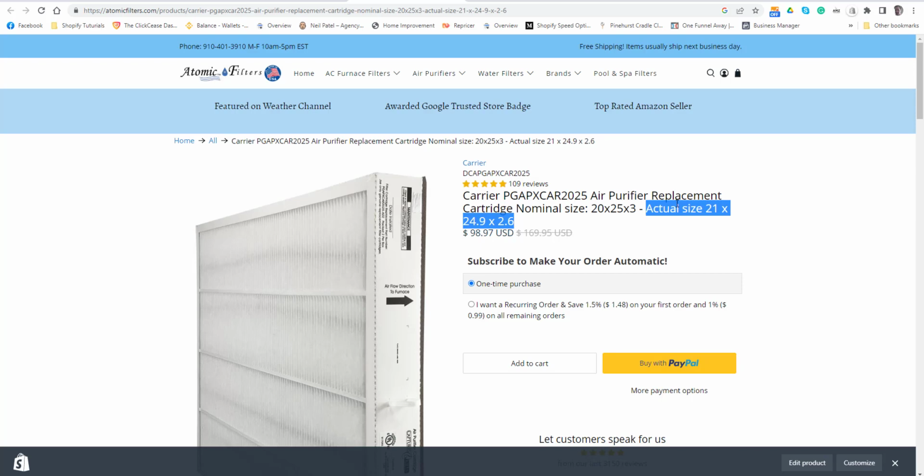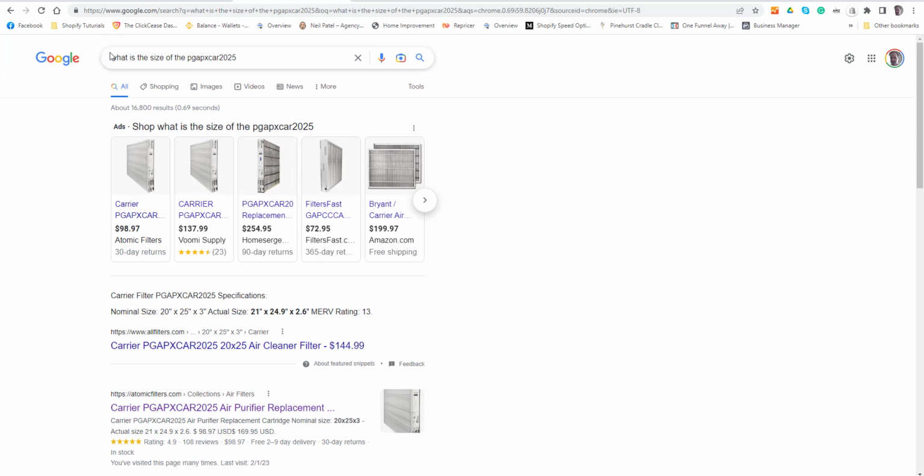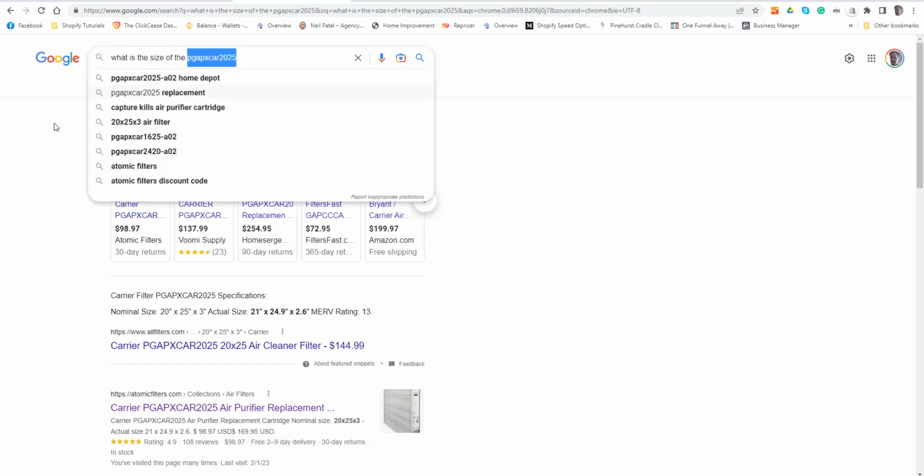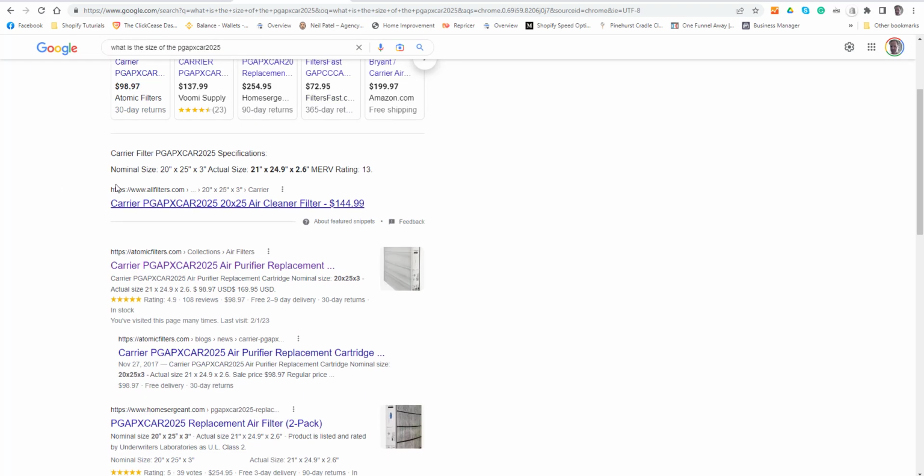And if we look at an example of trying to search for what is the size of a particular filter, we come down, I gave a product model number on a carrier filter here, and on the first page, the very first answer is right here, and it's got the correct answer here, which is pretty good. Sometimes it does, sometimes it doesn't. I've seen this rotated where Amazon was the first answer, but they have the wrong size.